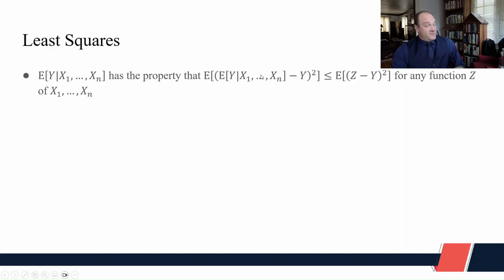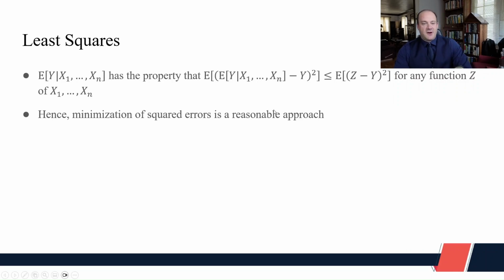So you better start off minimizing the squared difference between it and the target phenomenon. And that gives rise to minimization of squared errors. That comes from the fact that the conditional expectation, in linear algebraic terms, is the projection of your target phenomenon onto the subspace spanned by the random variables x1 through xn.